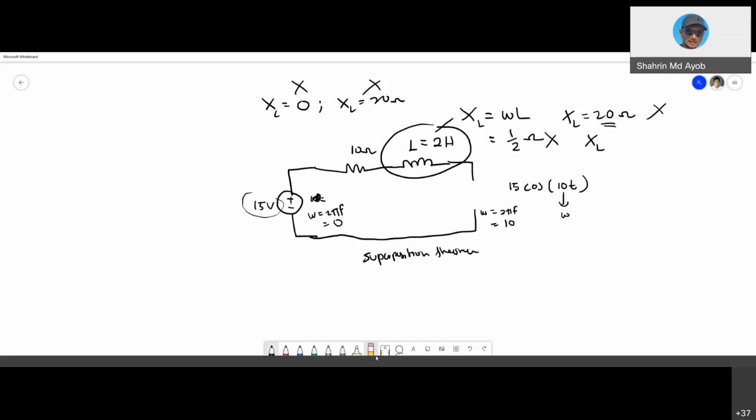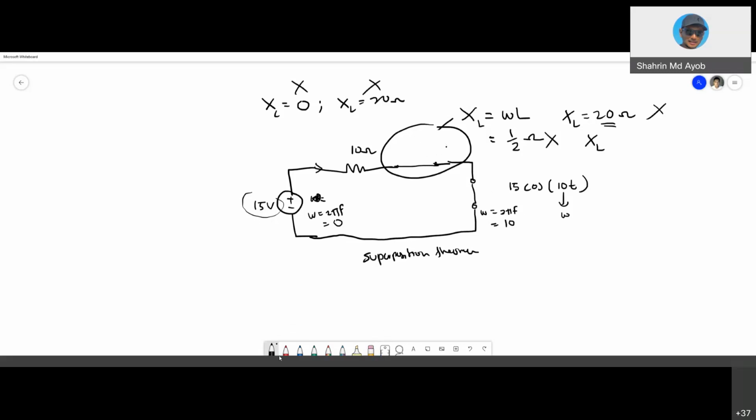V equal to 0, meaning that the voltage source here becomes a short circuit. So right now your circuit is operating with a single DC source. Then you can calculate your current, for example. Since this is a DC source, the frequency is 0, meaning that the inductor is a short circuit.